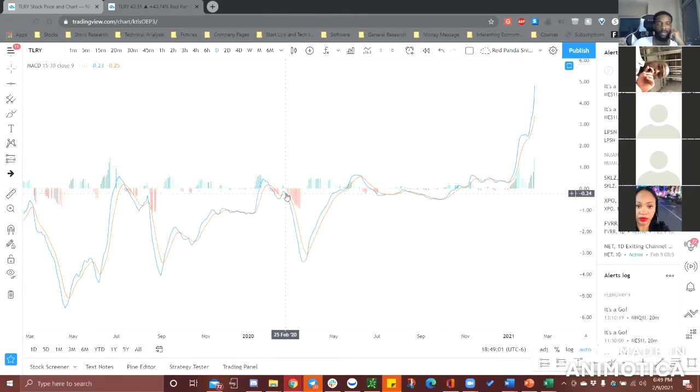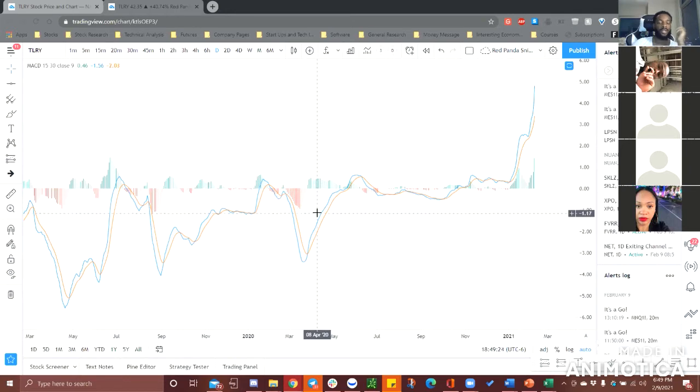When the orange crosses, we can expect price to sell. When the signal crosses again and the blue is in front, then we could expect price to start rallying. It's a simple way of saying, okay, this is a confirmation to sell. Now this is a confirmation to buy.